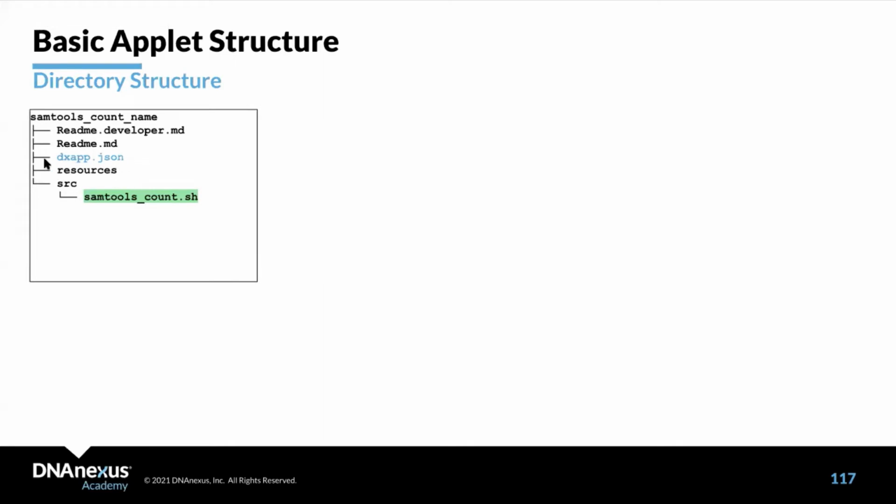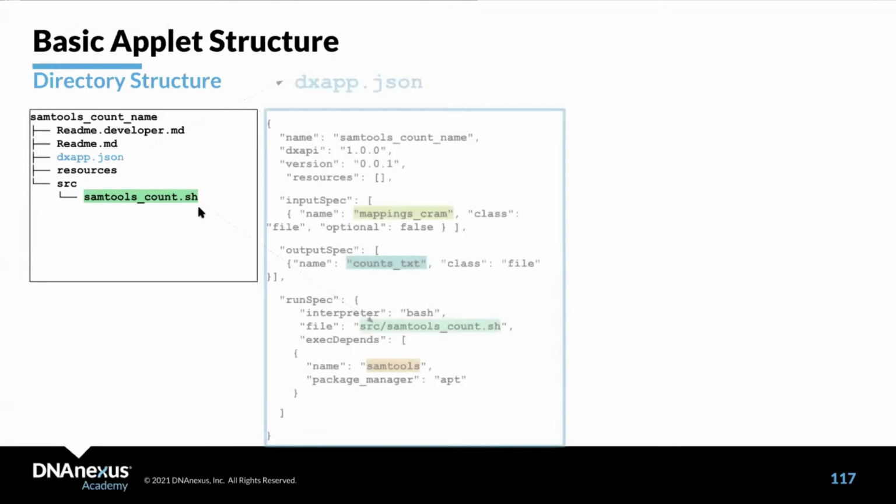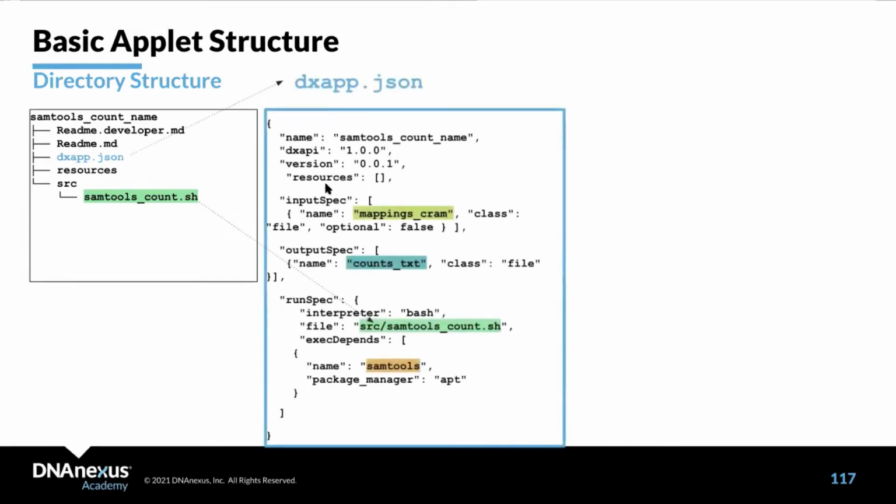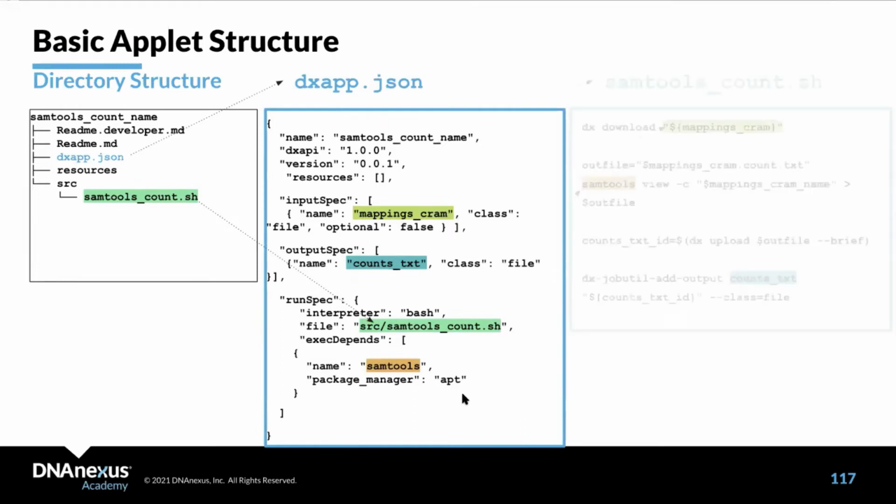Here you have dxapp.json, which will be important for us, and our bash script that we'll be using to actually perform the analysis. dxapp.json is a JSON file with some configurations, including an input specification, where we specify what the input parameters are, then also an output specification, what the output parameters are, and a run specification, like what code we run and what environment we have or need to have.